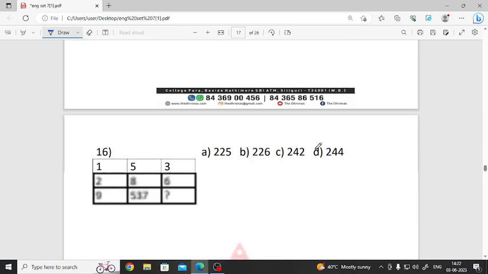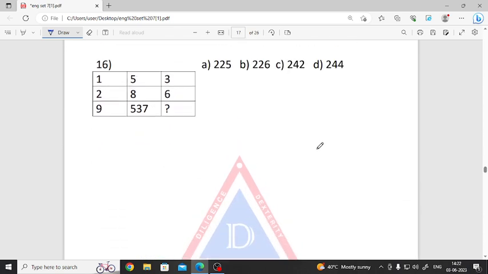Next. What is the question? This is also again about a missing number. What is given? 129. If we cube, the first thing you should strike in your mind is that 2 cubed becomes 8.